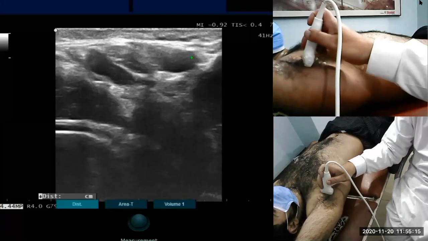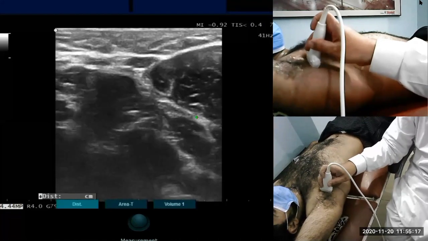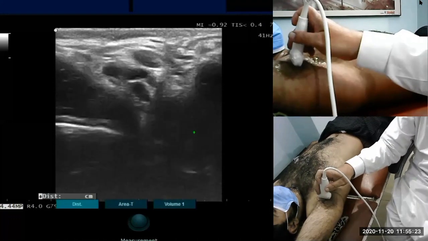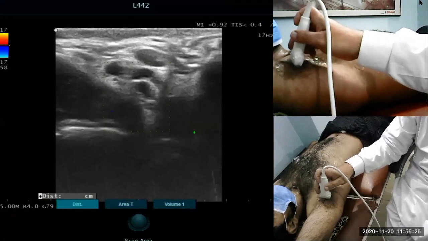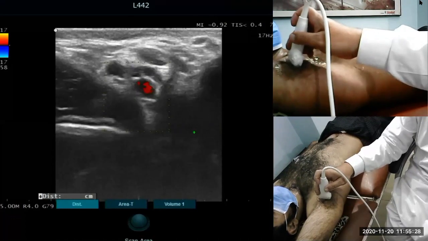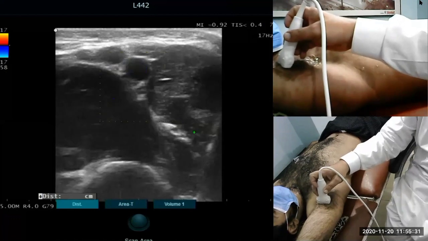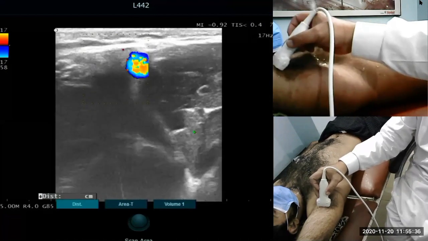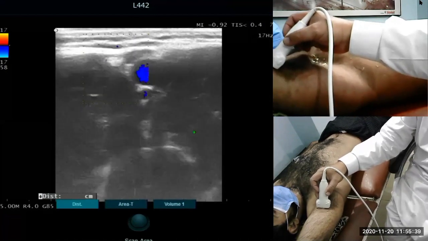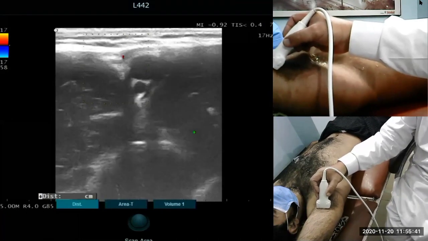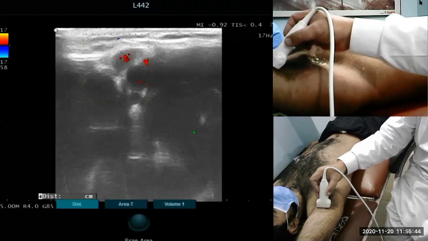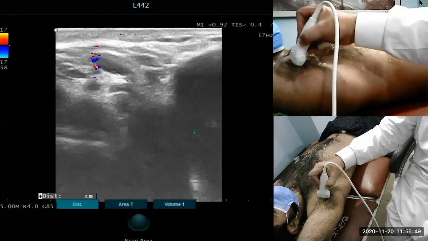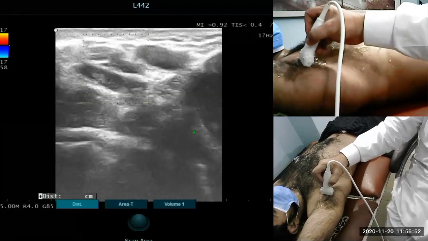This one and this one. And look at the axillary artery and the vein. This is the artery and the vein is above. I'm pressing it to show you the flow in it. And there you see a few lymph nodes.